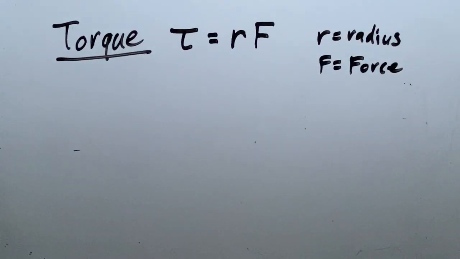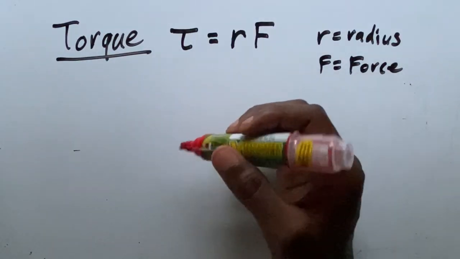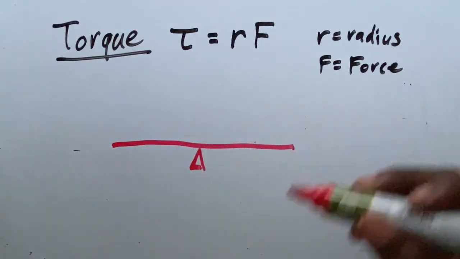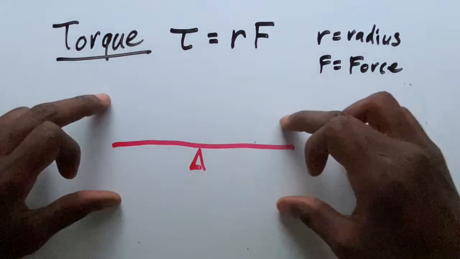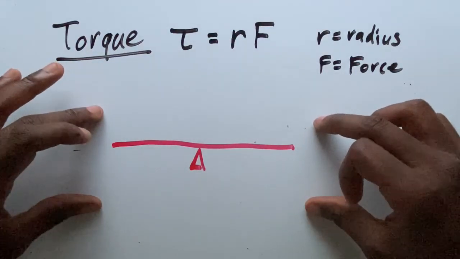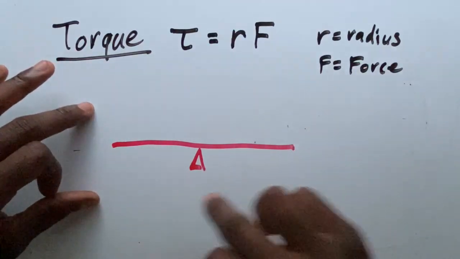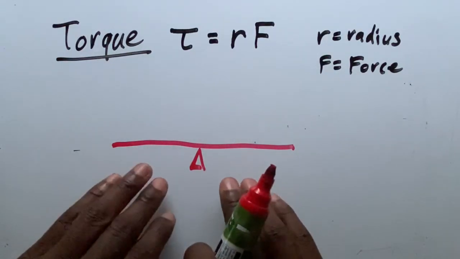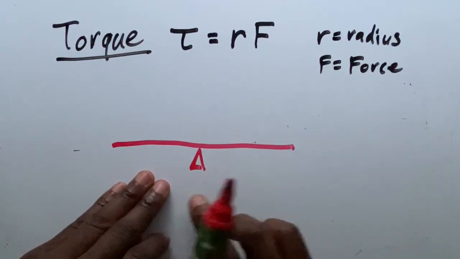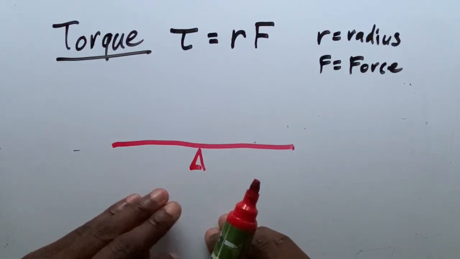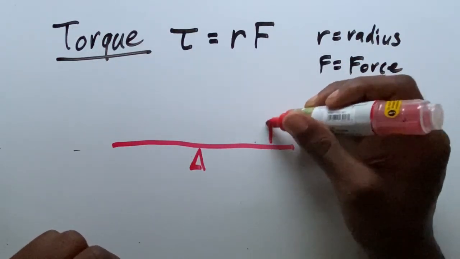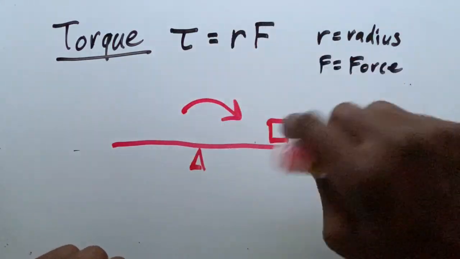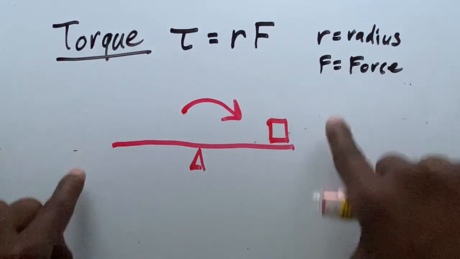So now, in the lab, you're gonna have some scenario like this, basically a seesaw. And this seesaw is just balancing there, right? And so once you go through the lab, you'll be putting different objects of different masses on either side of this seesaw. So obviously, if I were to put a block over here on this side, then the seesaw would want to basically fall in that direction like so.